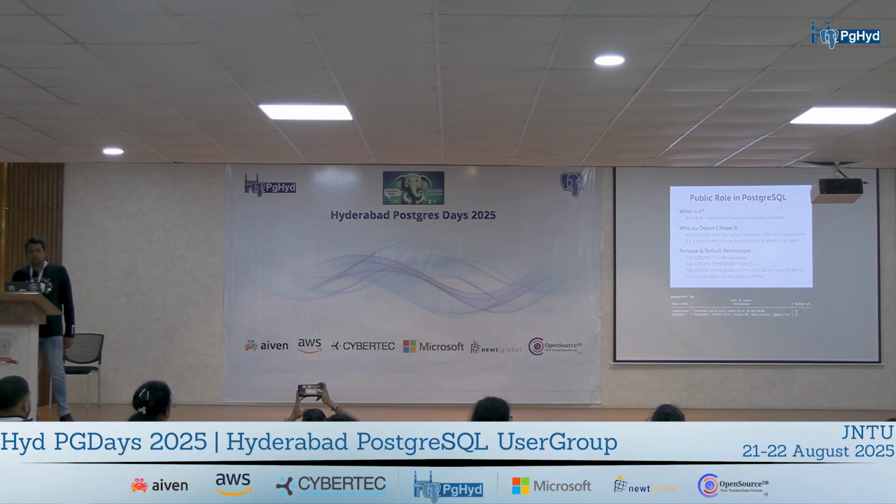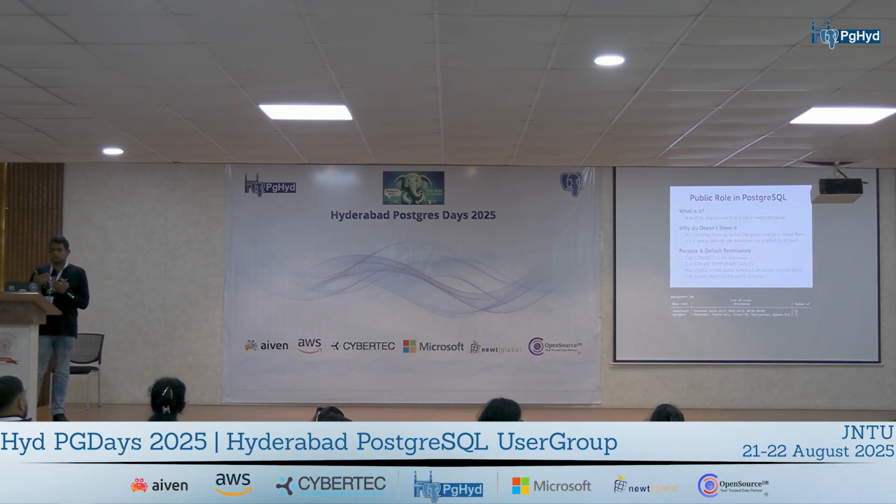So before explaining about public role and public schema, I would like to explain how these two entities get created in Postgres. Let us assume you are installing Postgres from the sources.